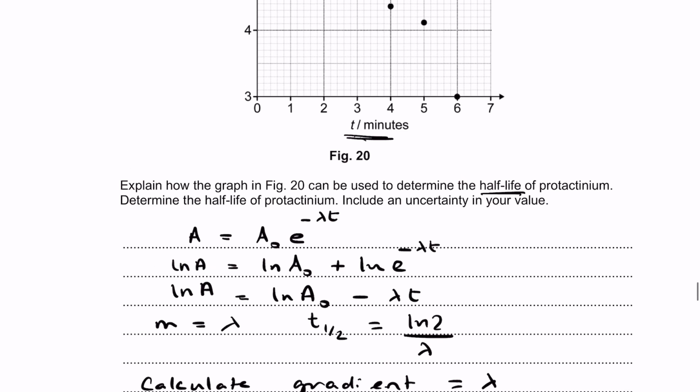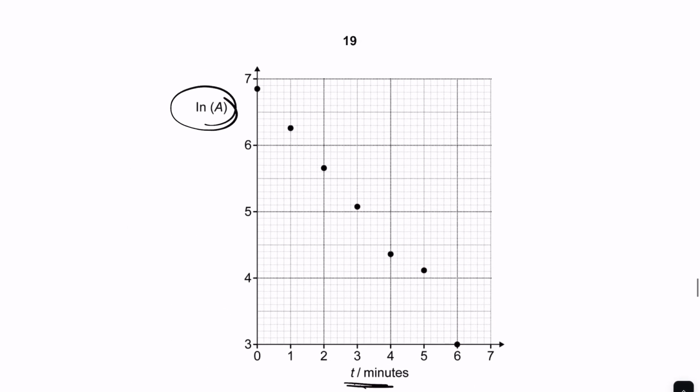So let's work out the gradient of this graph by considering the line of best fit first, and I'll try to pass it through as many points as possible. So let's start from here. This passes through 4 points, but I think this is the better fit.